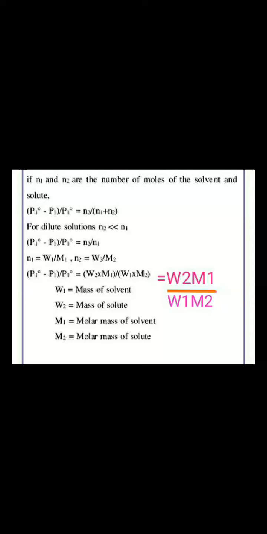Using this equation, relative lowering of vapor pressure is equal to W2 into M1 divided by W1 into M2, M2 can be determined. That is the main application of colligative property.